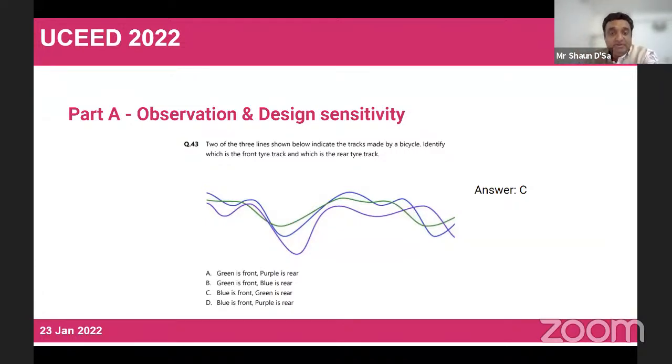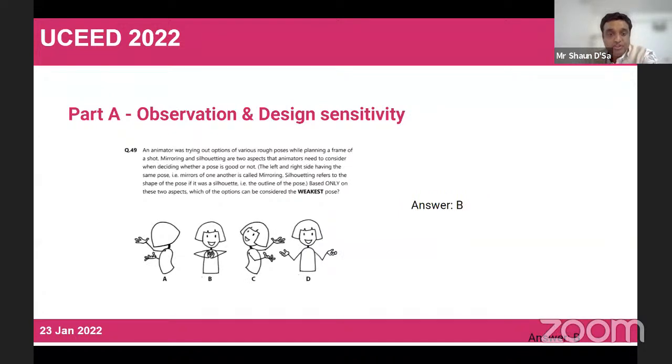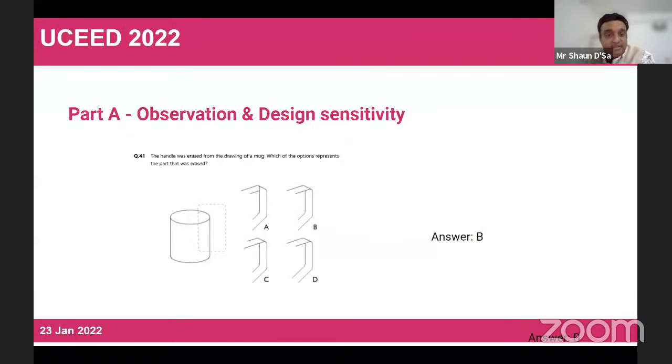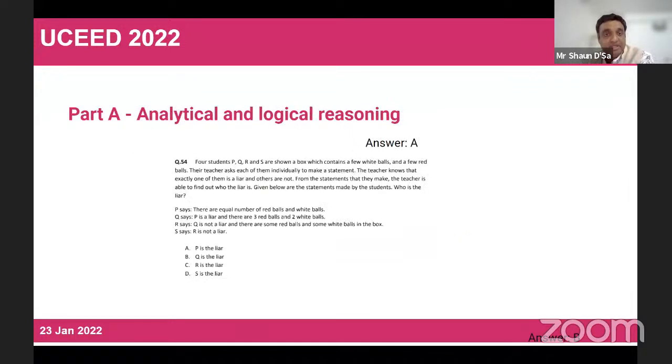Observation and design sensitivity. They will show you a series of, maybe, an animation character, and they'll say, your opinion about the pose or things like that. Handle of a mug: which would be the correct representation of the handle of the mug.